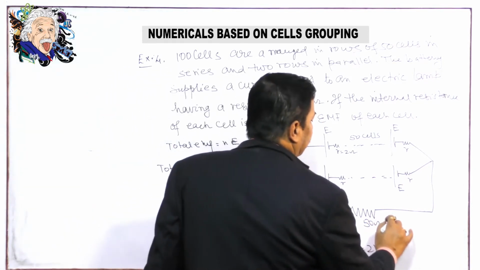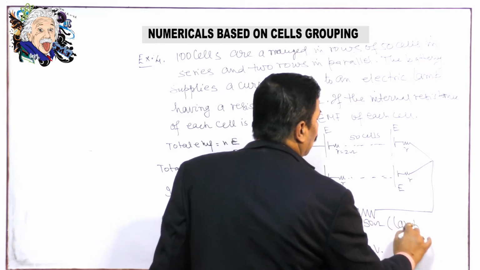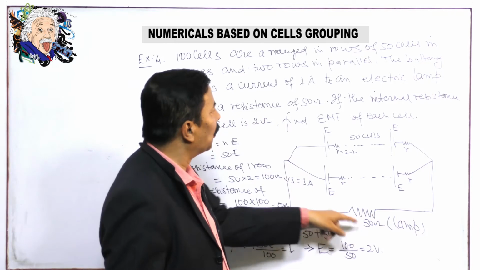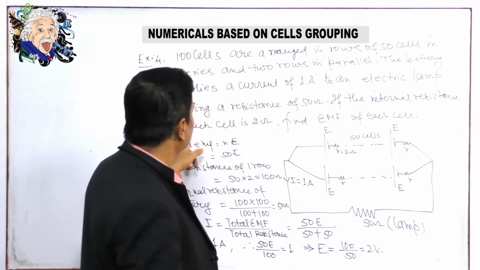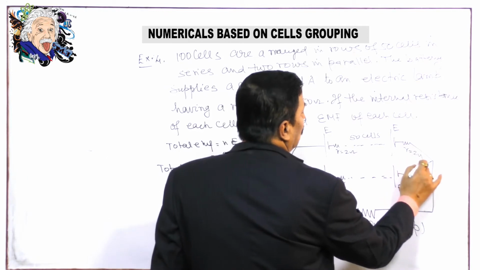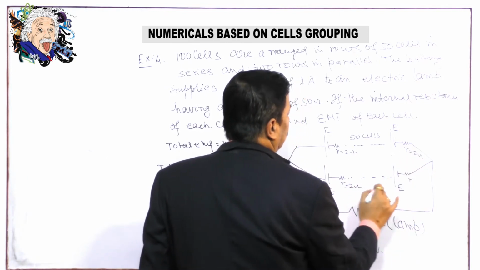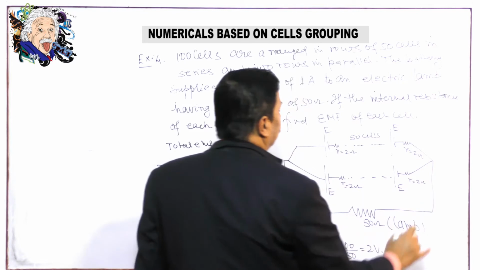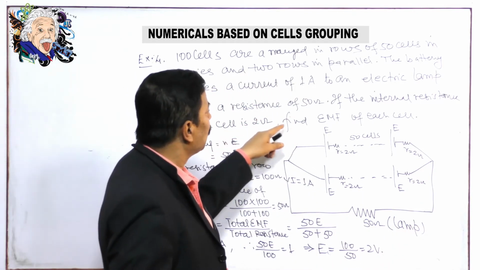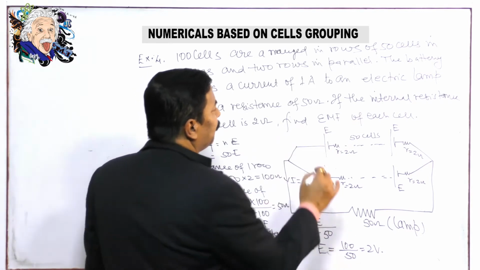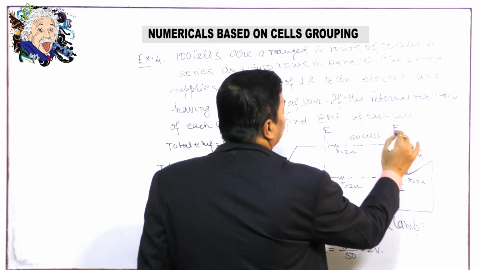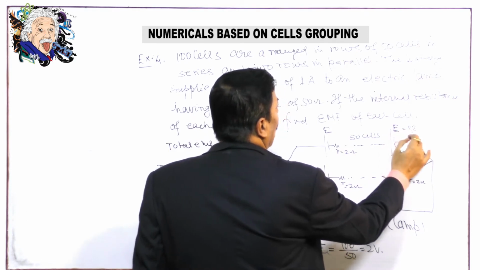This is your lamp, having a resistance of 50 ohm. Each cell has an internal resistance of 2 ohm. Find the EMF of the cell. If we suppose EMF of the cell as E, then we have to find E.